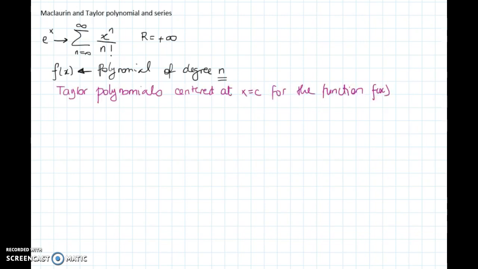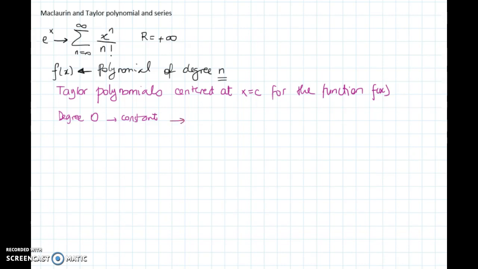We have our function f of x, and we're also going to fix a point c. And we're going to find the Taylor polynomials centered at c for the given function. We are going to begin by considering a polynomial of degree 0. A polynomial of degree 0 is just a constant. So we want a constant that in some sense approximates the function f of x when x is equal to c.